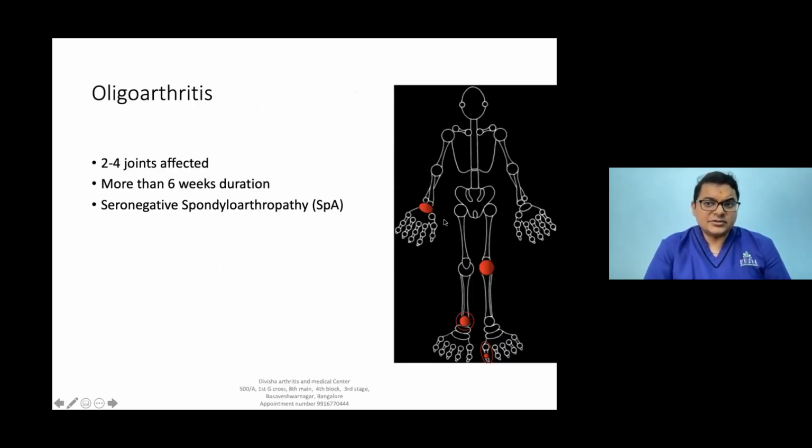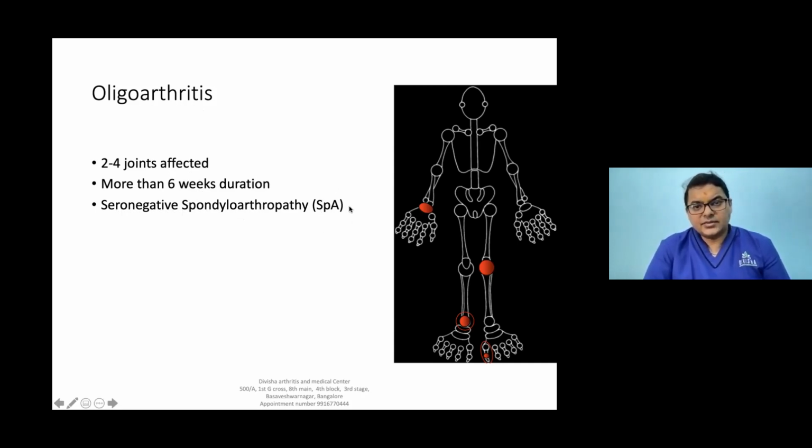In this, not only the spine and the hips, you can also have wrist, knee, ankle, toes involved. Those are called oligoarthritis. Oligo means less than, 2 to 4. Arthritis means what I just told, pain, swelling, and stiffness. If it's lasting more than 45 days, it comes under the category of seronegative spondyloarthritis, which I'm going to talk to you about now.